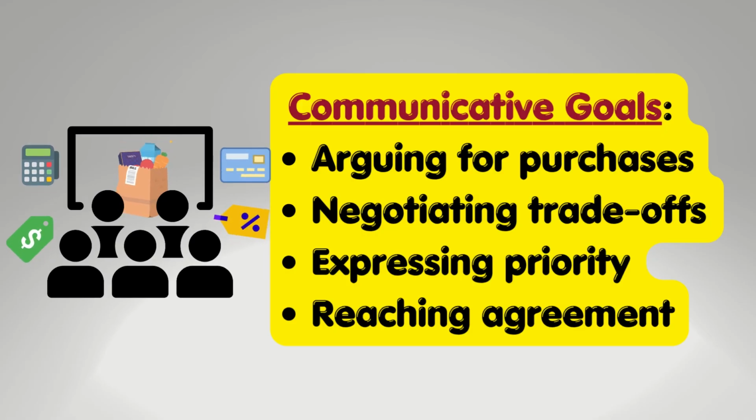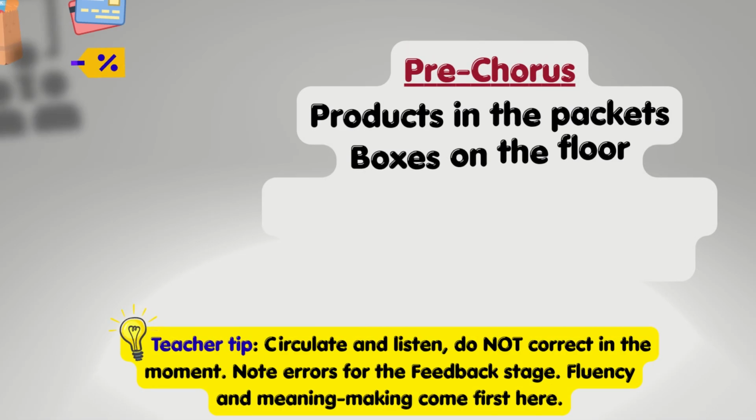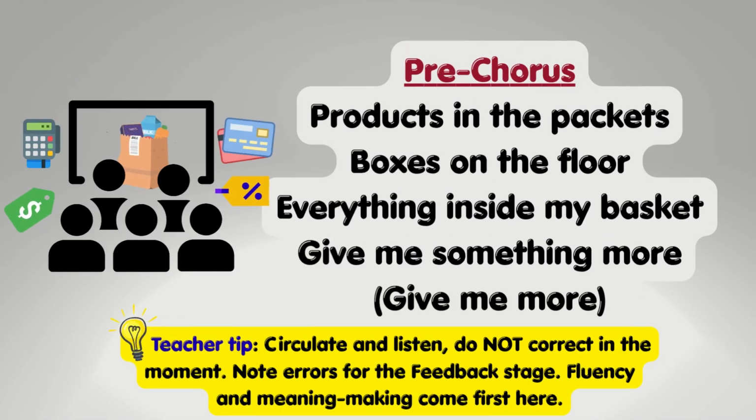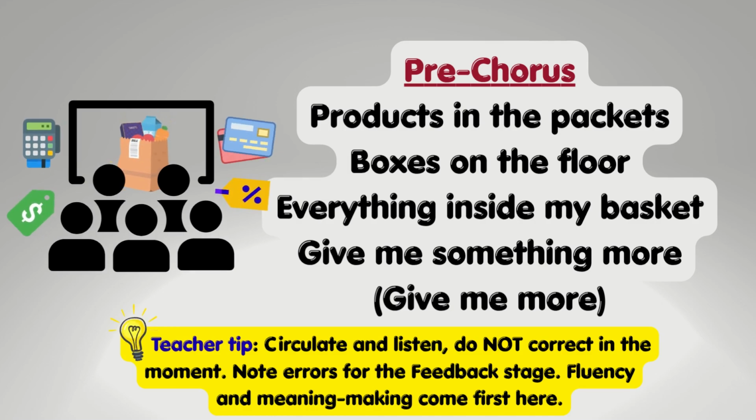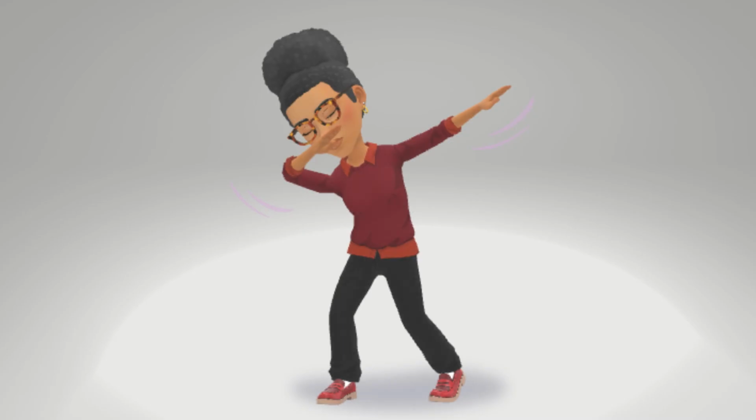These are real-life skills wrapped in real-life language. The pre-chorus captures this tension perfectly. The push between wanting more and having to make choices. Use it to frame the activity if students need motivation.